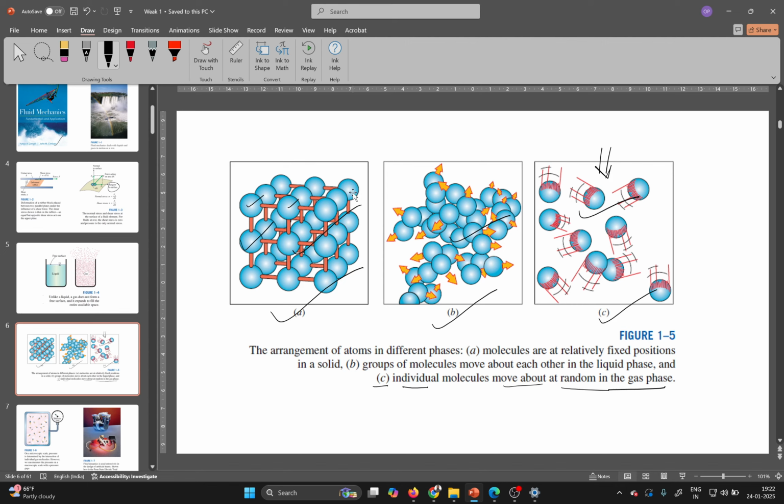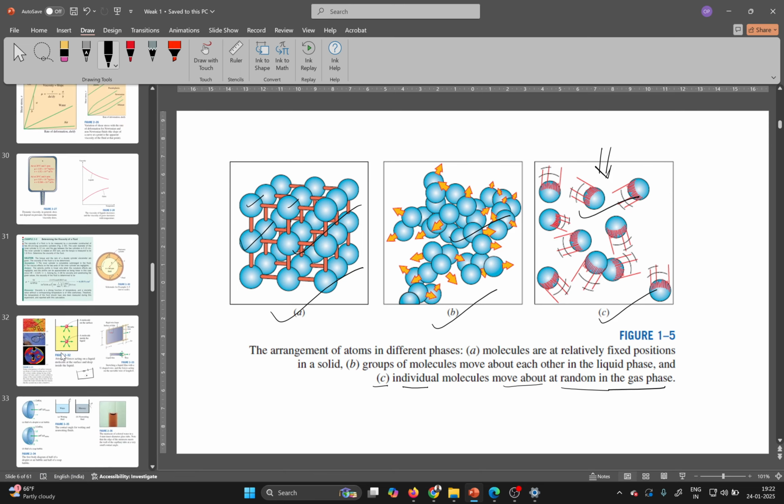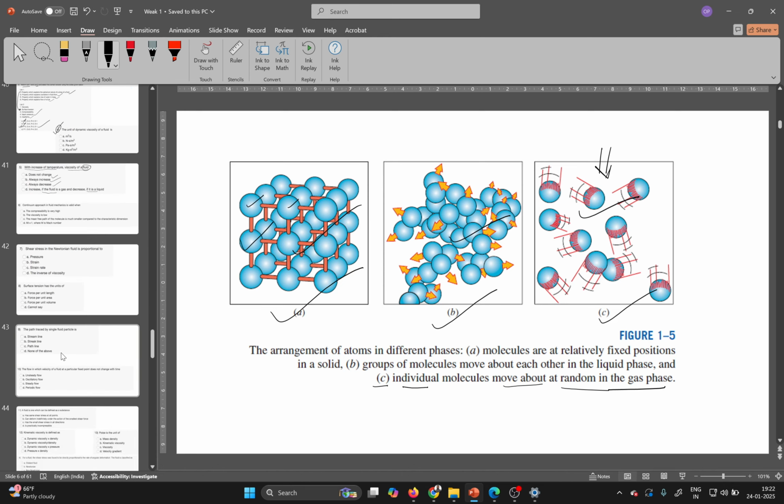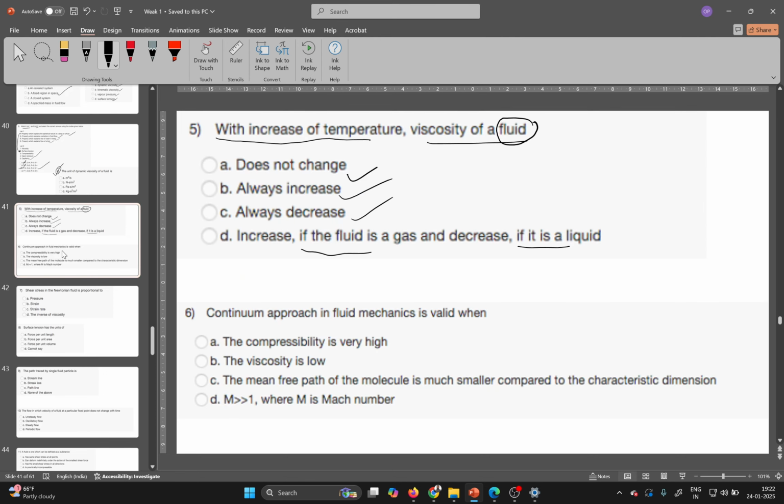So what about question number 5? Here I have two containers and I am increasing the temperature in both.